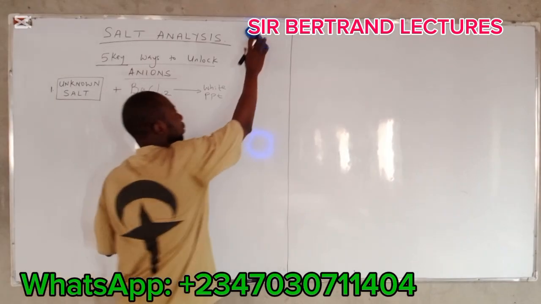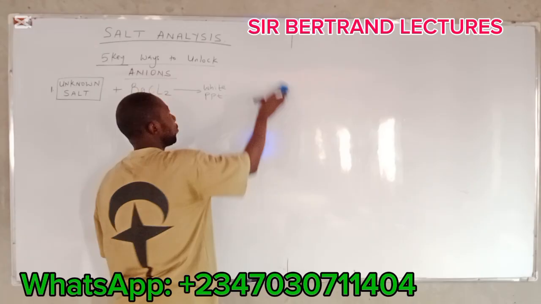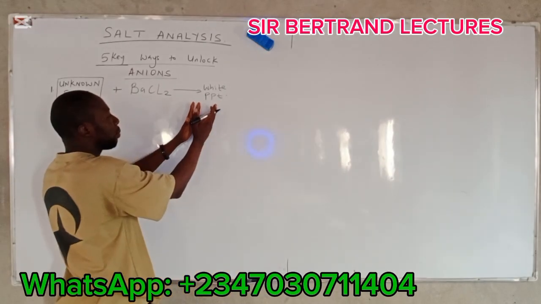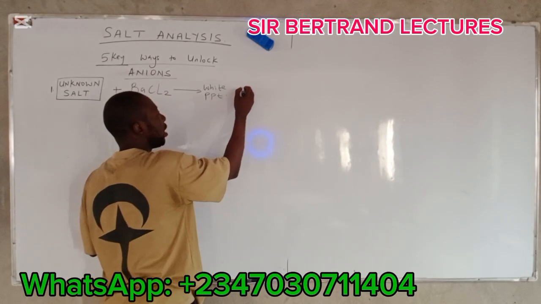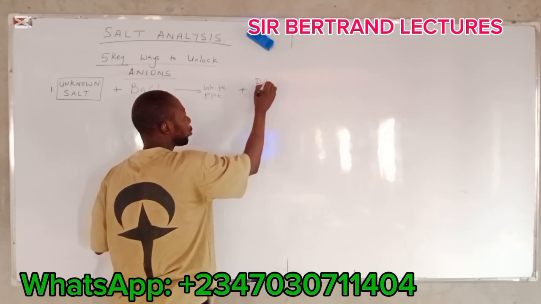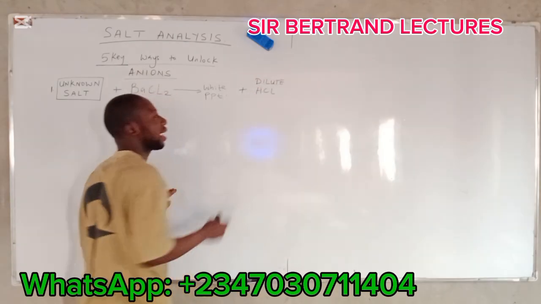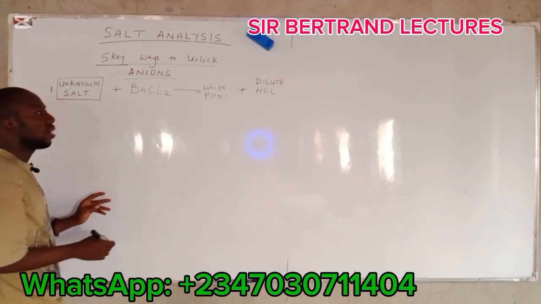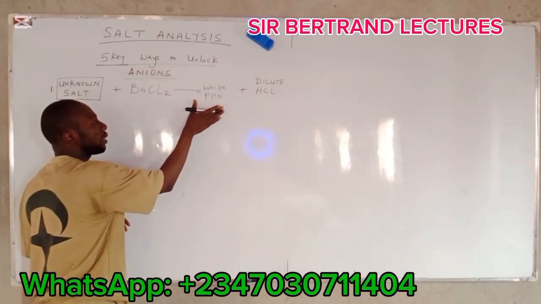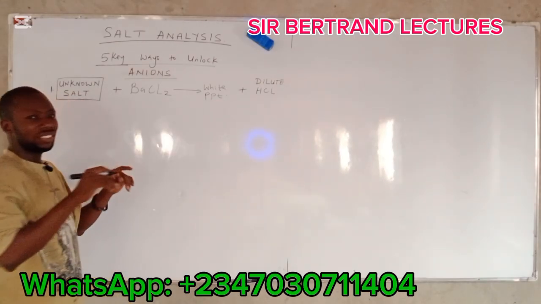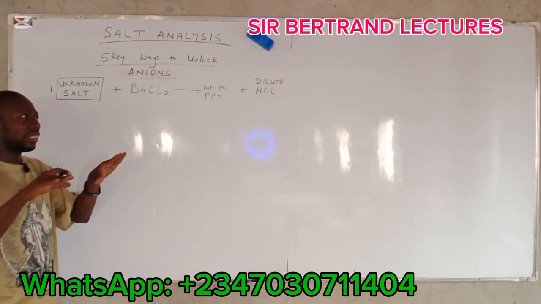White precipitate. If it gives white precipitate, then you add dilute hydrochloric acid. Because formation of the white precipitate shows that particular ions are present.